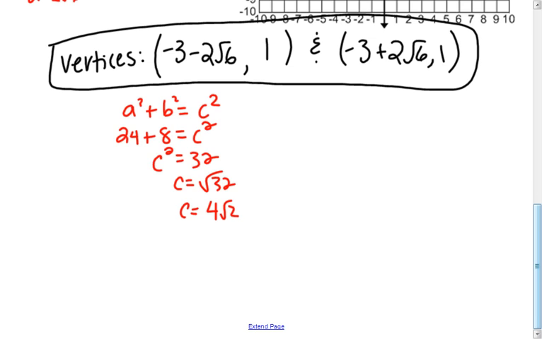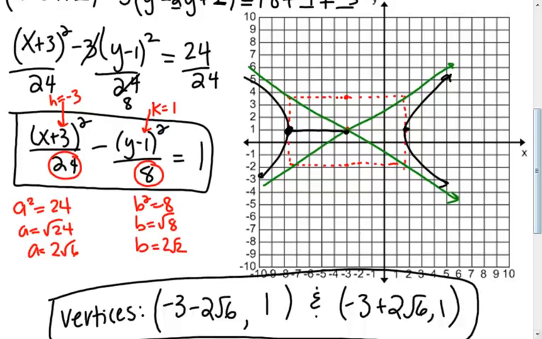So when you go to graph your foci, you're going to go 5.65 to the left and to the right of the center. So 1, 2, 3, 4, 5.5. I would have a focus about right there and about right there. Okay, those are my two foci. Again, for your foci, your y values are 1 because you're 1 up.